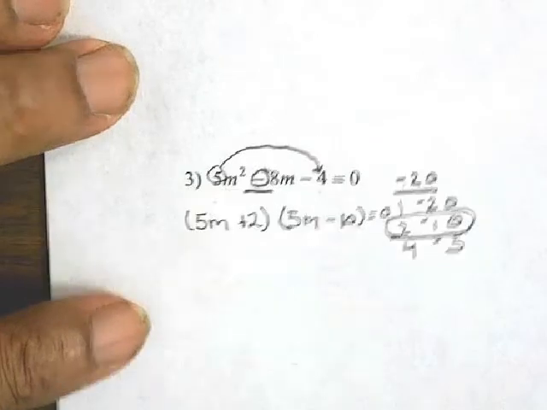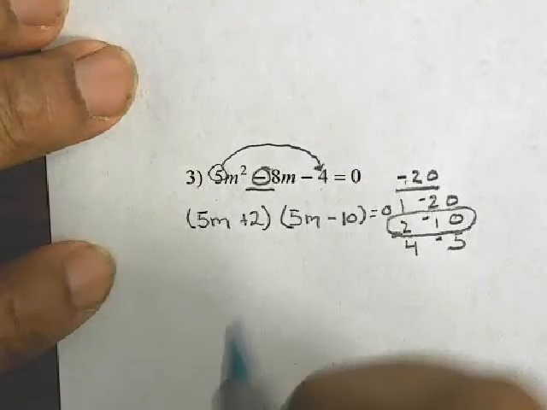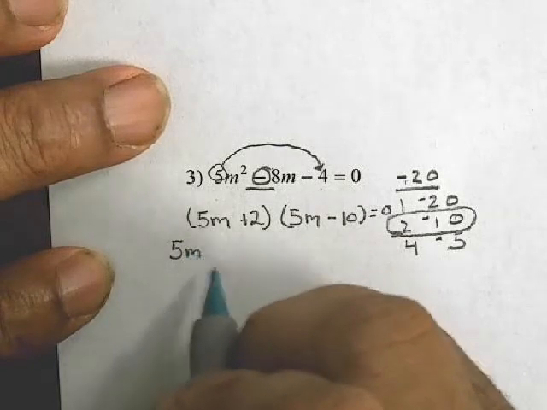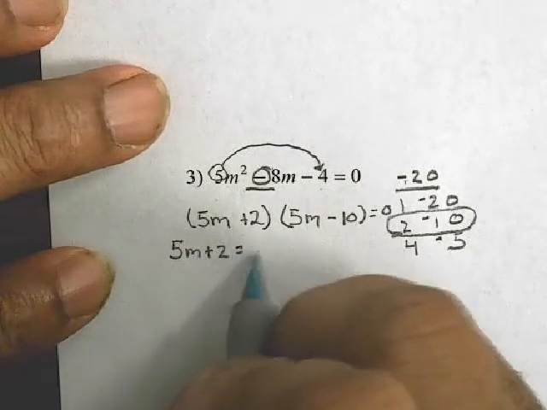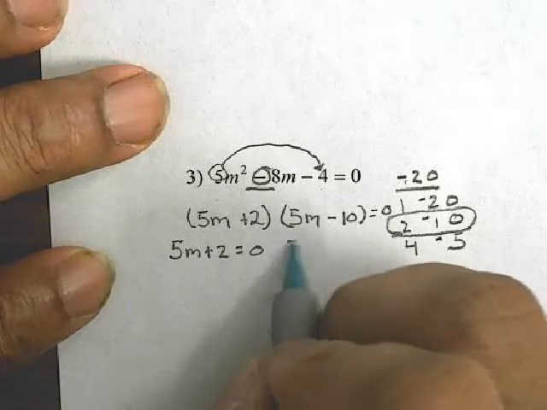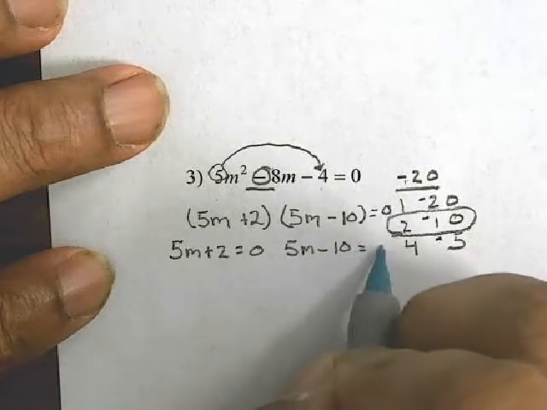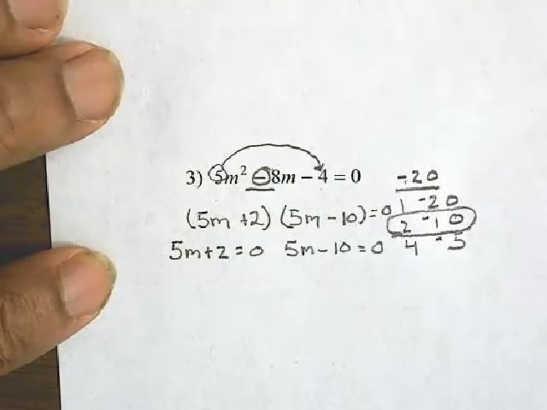Same thing. We're going to set both factors equal to 0. So we got 5m plus 2 equals 0, and 5m minus 10 is equal to 0.